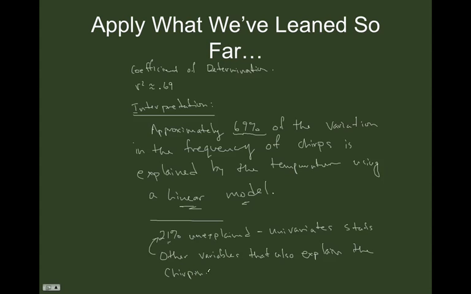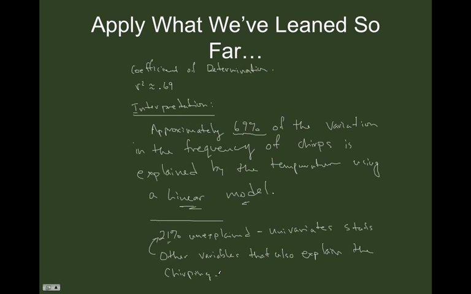So if you think about it for a second, temperature is one factor here, but there are other factors. It could be a genetic thing. Some crickets are probably more into chirping than other crickets. So the idea here is that a lot of the variation is related to temperature.